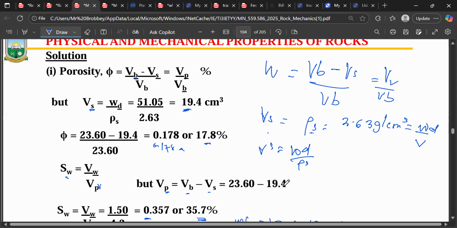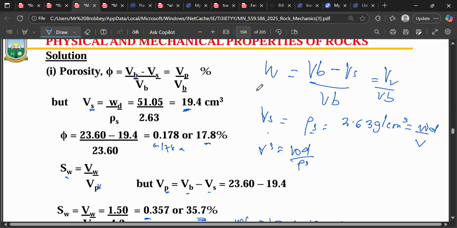So when I get the 19.410, I will go and calculate the pore volume, which is the empty spaces between the grains. So that will be the bulk volume sample, 23.60, minus my grain volume, 19.410, which will give me 4.190 centimeter cube. And for porosity, my formula will be the pore volume divided by the bulk volume, so 4.190 divided by 23.60.